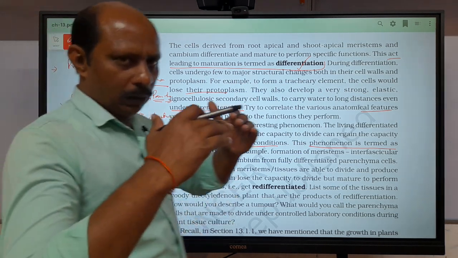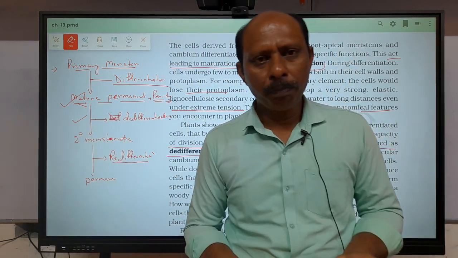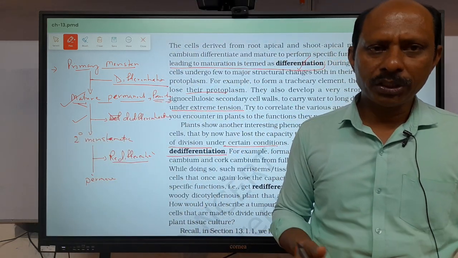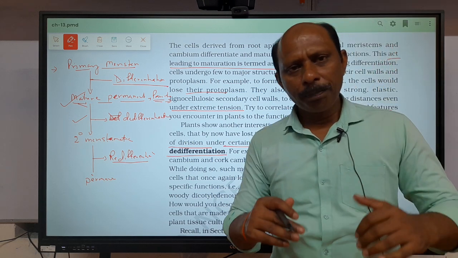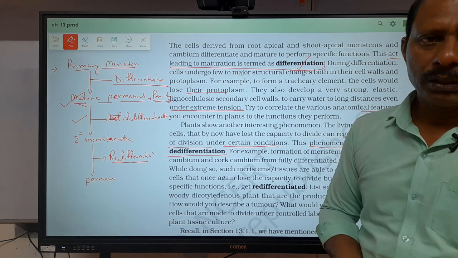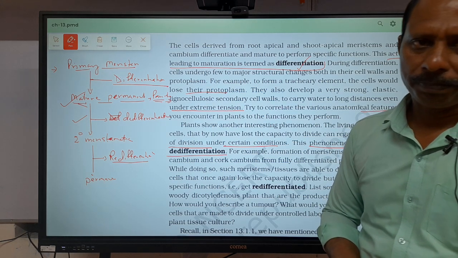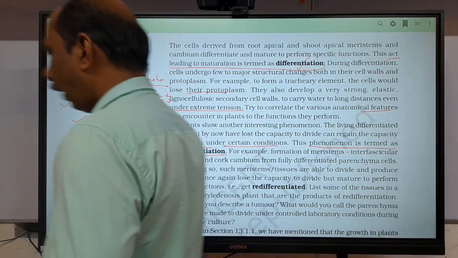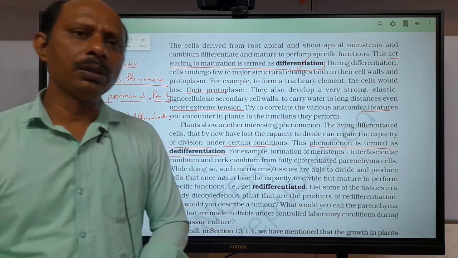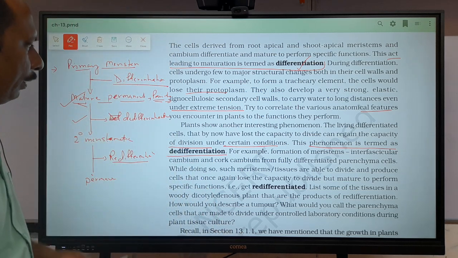In the process of maturation, it is called differentiation. And when the permanent tissue converts once more into meristematic tissue, this is called de-differentiation. And when this secondary meristematic tissue converts once more into permanent tissue, this is called re-differentiation, right?